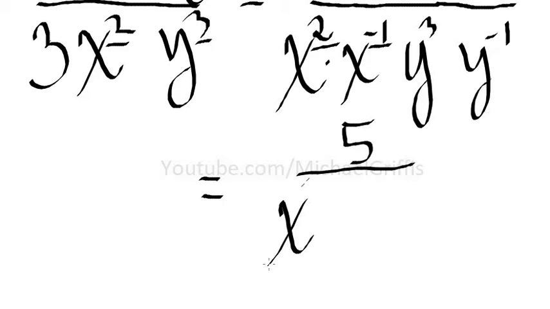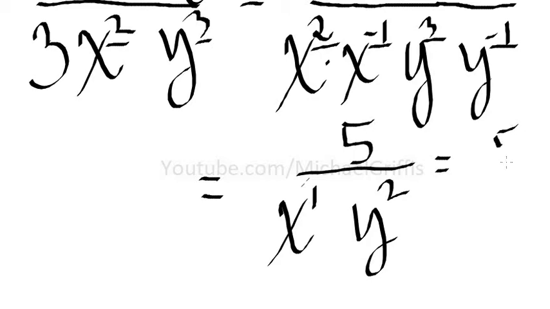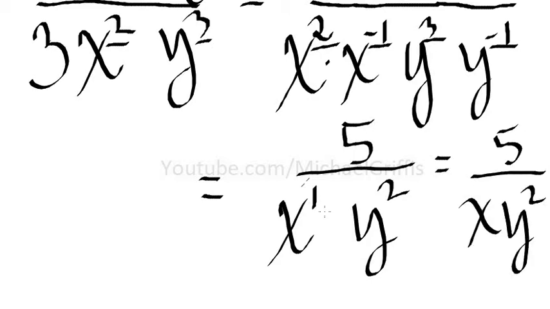Let's just do the math. 2 minus 1 is 1, then 3 minus 1 is 2. We've already worked it out the long way, so you should be able to get that. Of course, we don't write the 1. We just write it as 5 over x times y squared. We don't ever write that for our final answer.